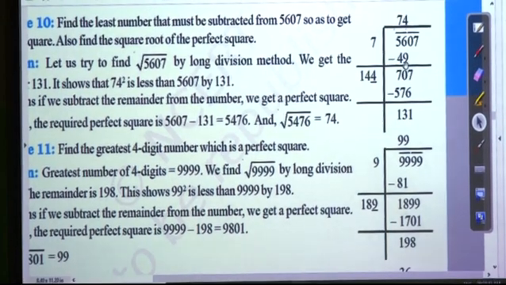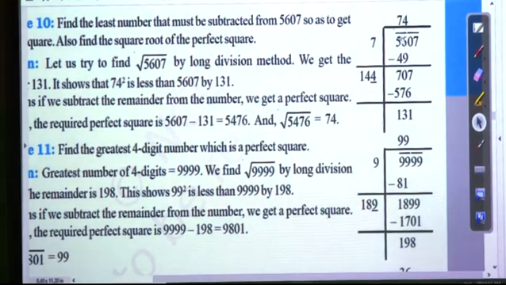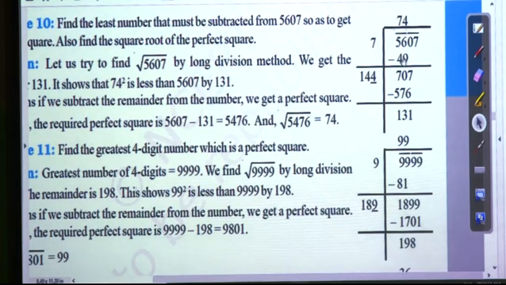What is the procedure in finding out the square root by long division method? We are taking the first group, that is the numbers present under the first bar. It is 56. So what we are doing? We are finding out a square value which is nearby or equal to 56.